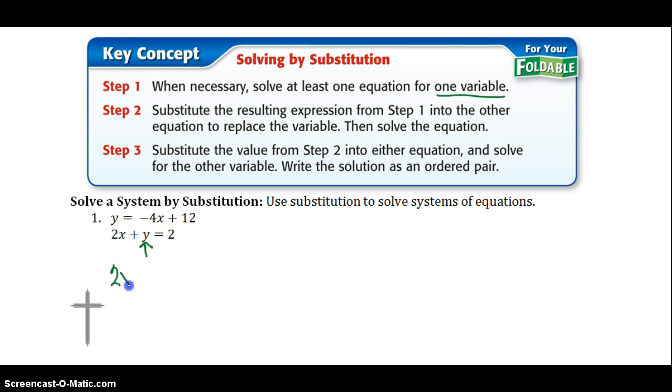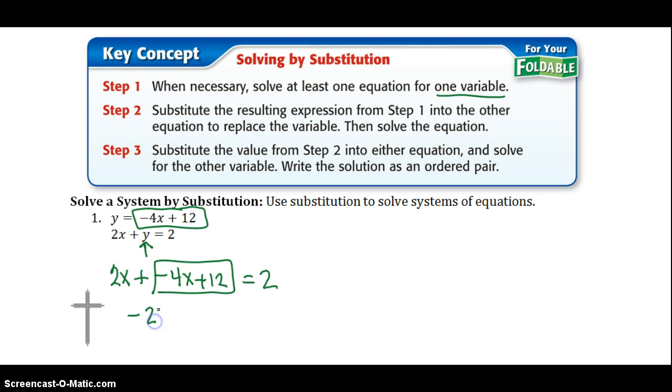So 2x plus, and in place of y, I am going to substitute negative 4x plus 12. This is what I have substituted, and that all equals 2. Now we can combine our like terms, so a positive and a negative.